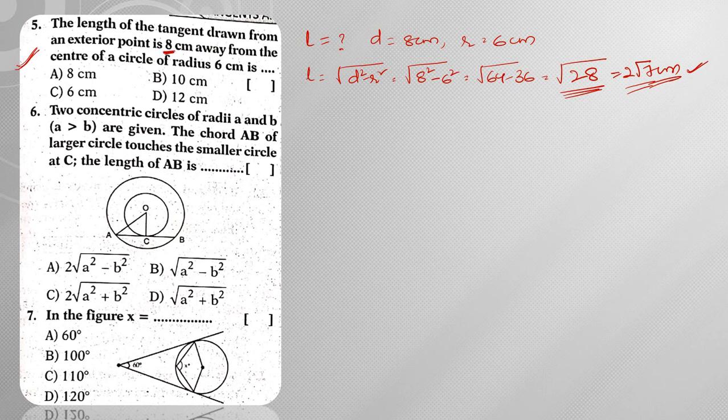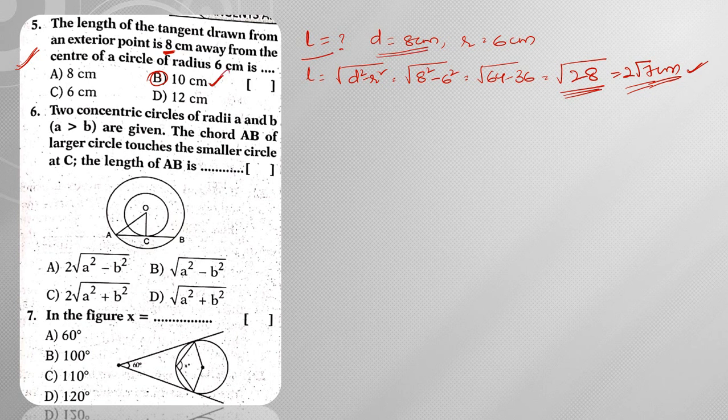He has to give that, and he should ask the distance between center and the exterior point. Then we can say square root of 8 square plus 6 square. Then we are going to get B as the answer. So you need to have some changes in this question. Instead of L, he has to ask D. Then you are going to get the answer as 10.